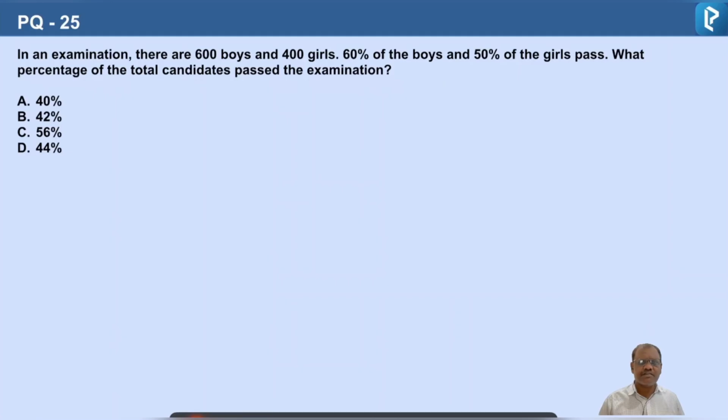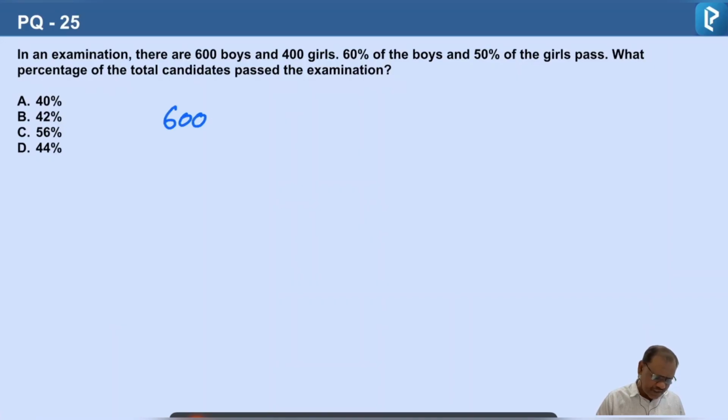Question number 25. In an examination, there are 600 boys and 400 girls. 60% of the boys and 50% of the girls pass the examination. What percentage of the total candidates passed the examination? So boys are 600.